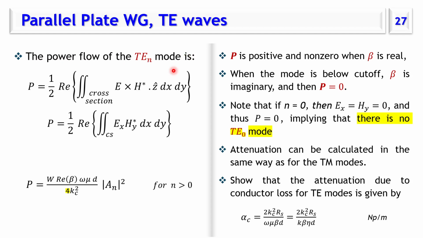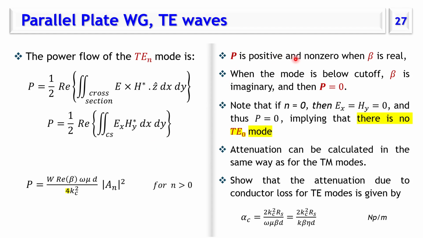The power flow, in a similar way to what we just discussed for transverse magnetic waves, has this expression, and in this case, for the two parallel plate waveguide, it would have this expression.